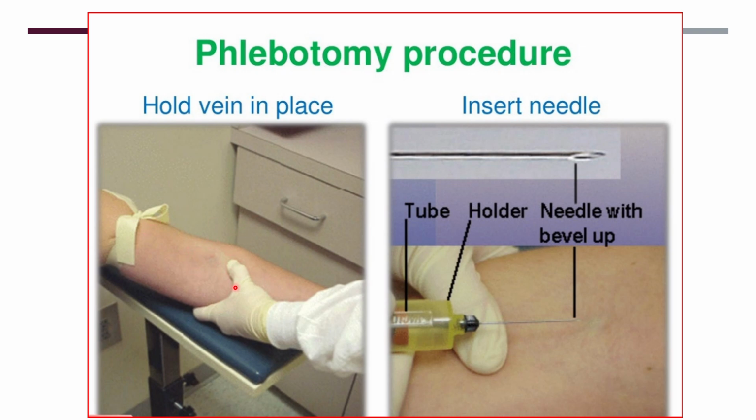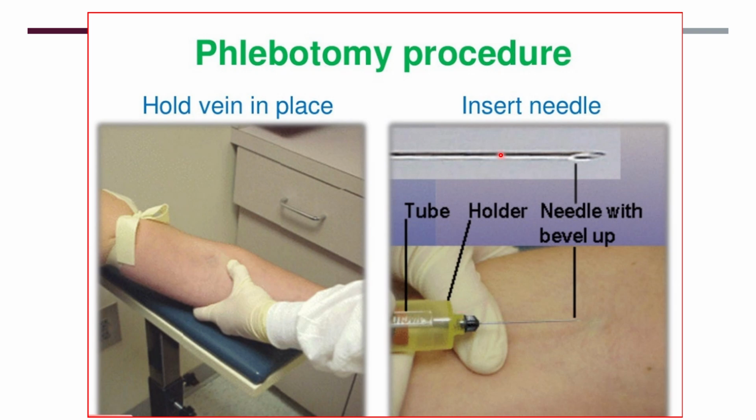The first step, once you have applied the tourniquet, is to palpate and locate the vein, and the next step is to fix the vein. Once you fix the vein, there is a much lower chance of it fluctuating when you get into the vein with the syringe and needle.